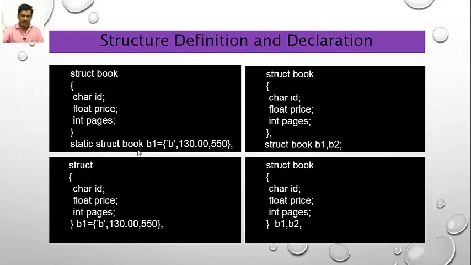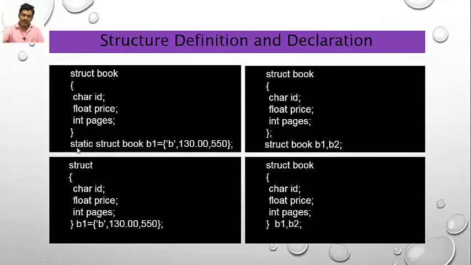It may be array initialization or structure initialization. That should be the static data type or external data type. If we declare and initialize simultaneously, doing both declaration and initialization, we must put the static or external storage class specifier.